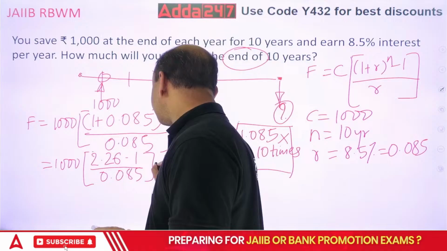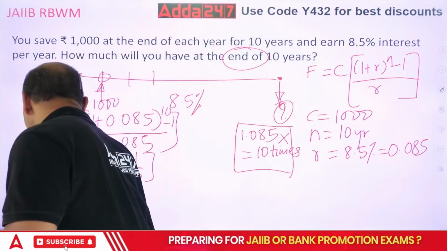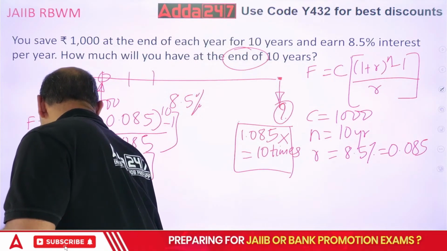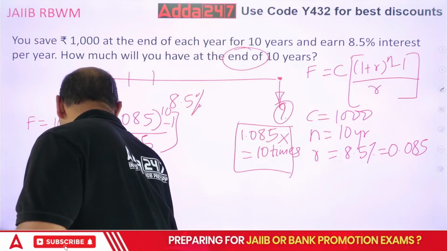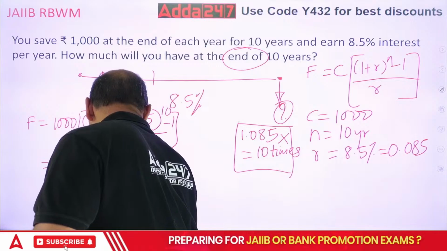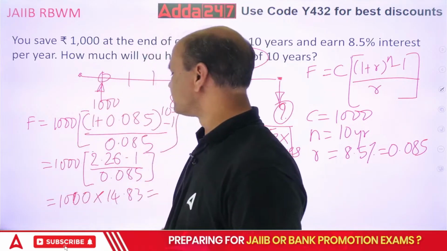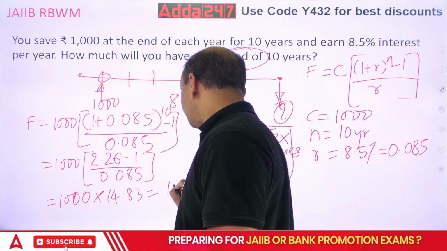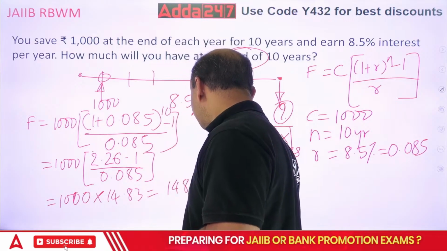So it is, I'll write it over here, 1000 into 14.83. Multiply this with 1000, so 14,830.